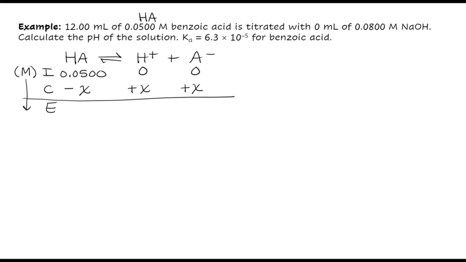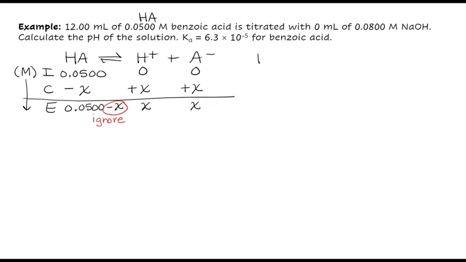So our E row is 0.0500 minus x for the HA, x for H+, and x for A-. When we solve this problem initially, we're going to ignore this change in x, but then we're going to go back and check to make sure that that assumption was valid.